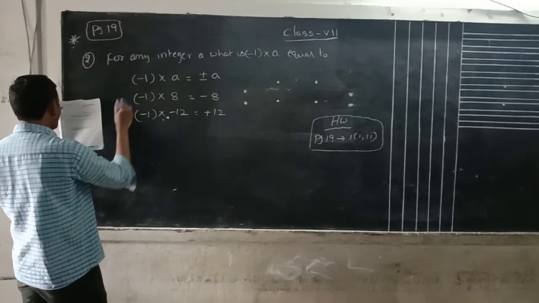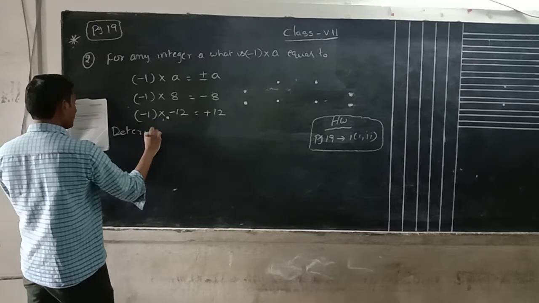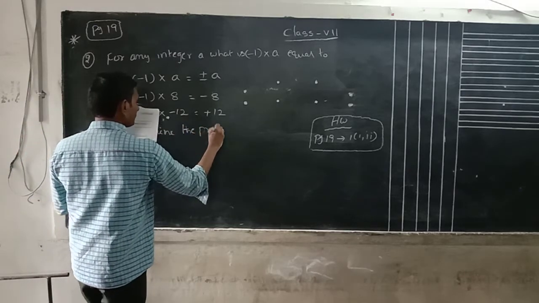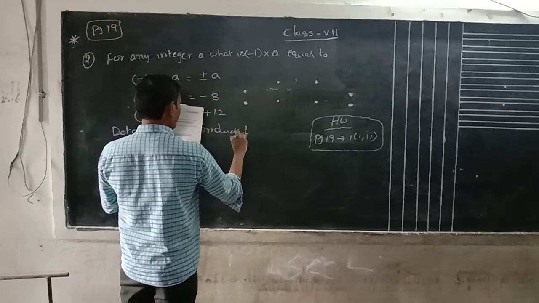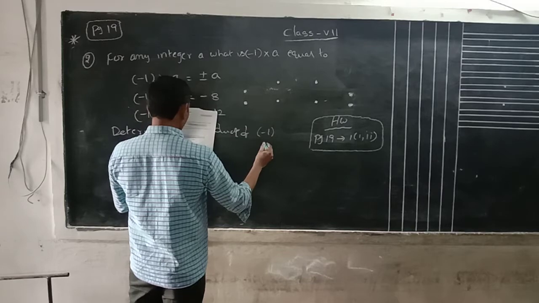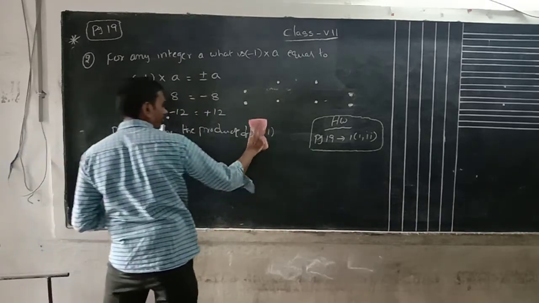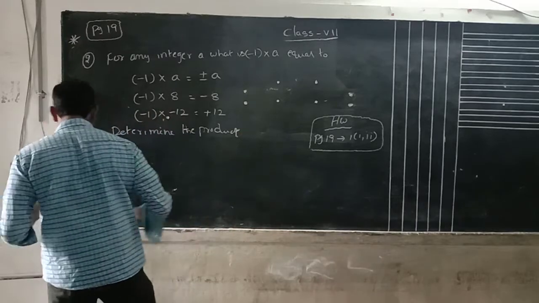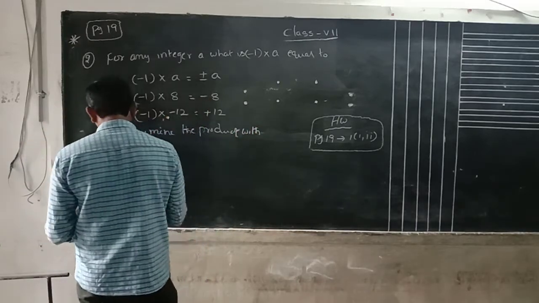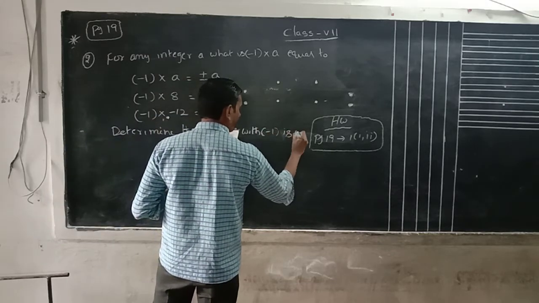Similarly, by following this one, they have given: determine the number whose product with minus 1 is 5.